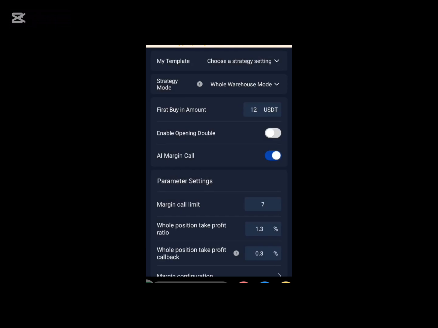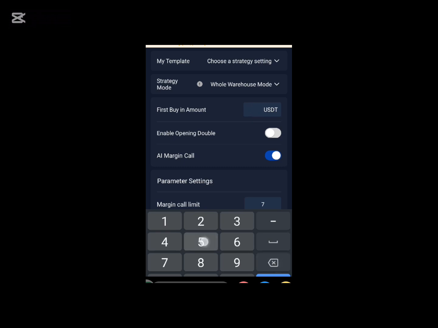First buy amount means how many times you want to manage your capital. For instance, if you have $50 as capital, don't export the $50 to the market at once. You have to manage it.